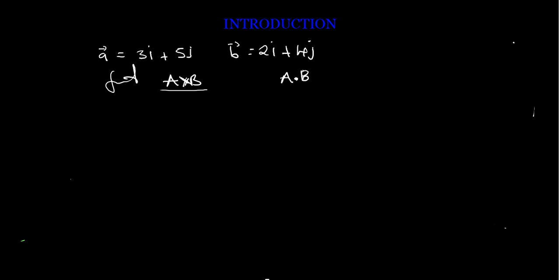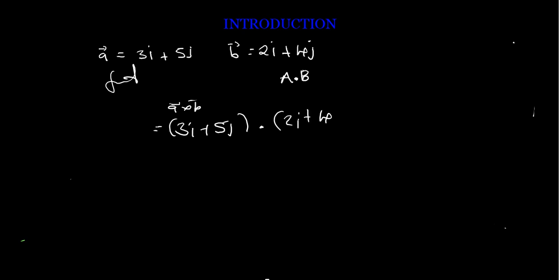So to find a times b, the solution is: we bring the same vectors in a line, 3i plus 5j, cross, 2i plus 4j.